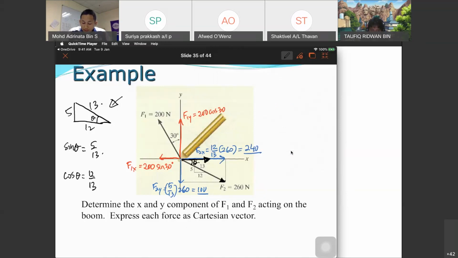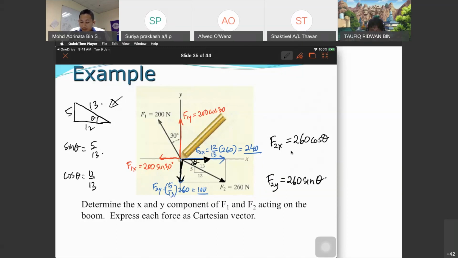So for F2 x direction, we use 260 cosine theta. And for F2 y direction, F2y is 260 sine theta.